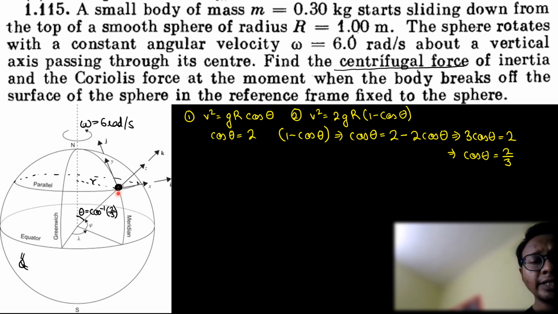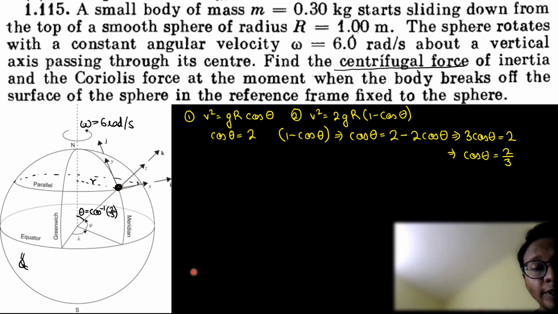It doesn't matter what the actual velocity of this particle is from the frame of reference of the ground. Centrifugal force is always dependent upon the omega, or rotational velocity, of the frame, into the distance of the particle from the axis. It has nothing to do with the actual velocity of the particle.